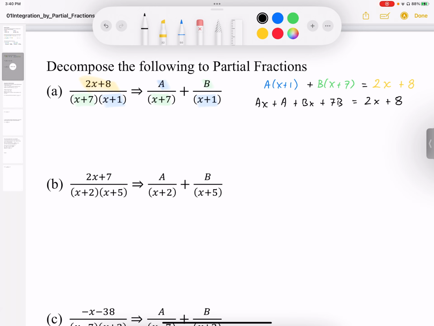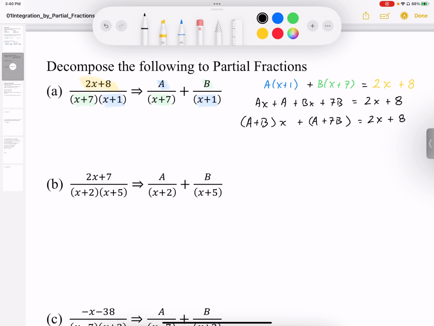And if I group together my like terms, I end up with this: a plus b x's, plus the constants, which are a plus 7b. I'm going to put that in brackets, group that together. That's going to be equal to 2x plus 8.